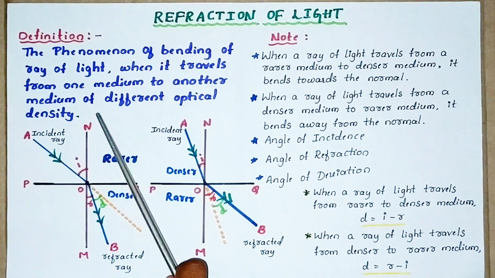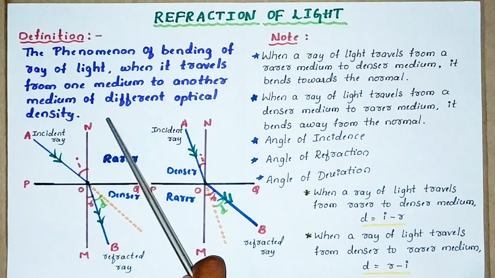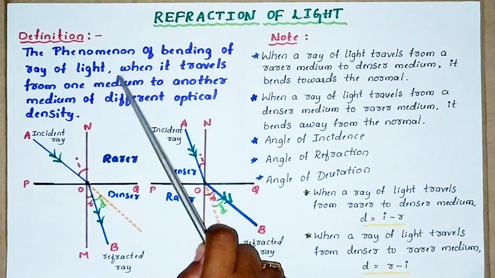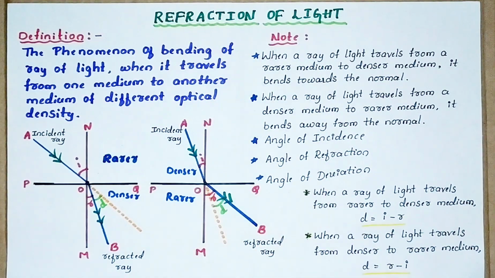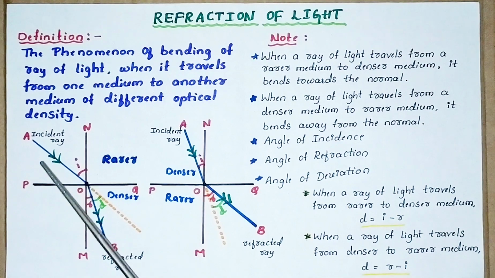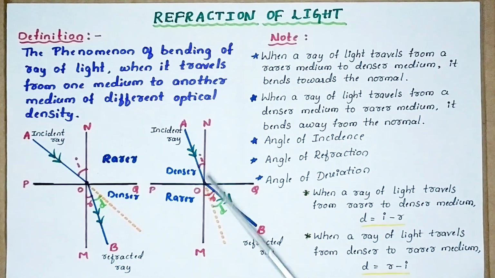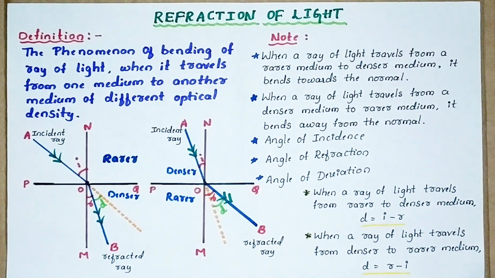So why does the speed of light change? Because of different optical density. So when speed changes, bending of light takes place, and this phenomenon is called refraction of light. Yes, what is refraction of light? The phenomenon of bending of a ray of light when it is traveling from one medium to another medium of different optical density.